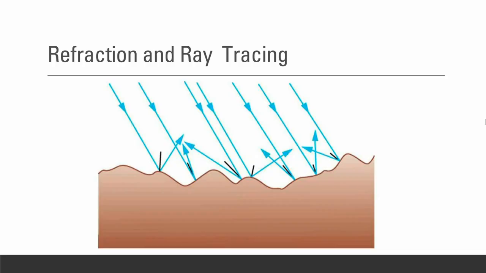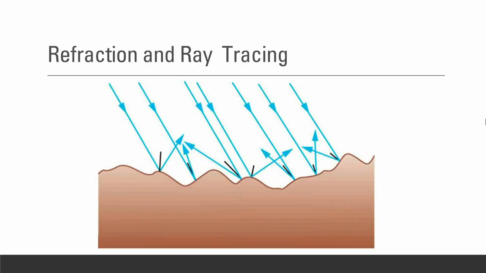The only difference now is that instead of your surface being nice and flat and uniform, it's kind of bumpy, and so when you draw your rays, you see that they're not all uniform, they kind of spread out in various directions. So the physics for one individual light ray is the same.